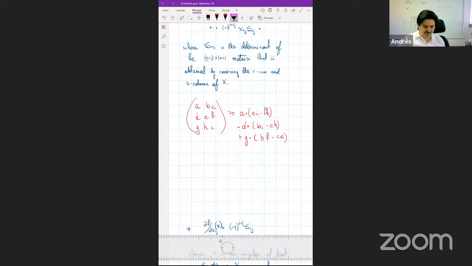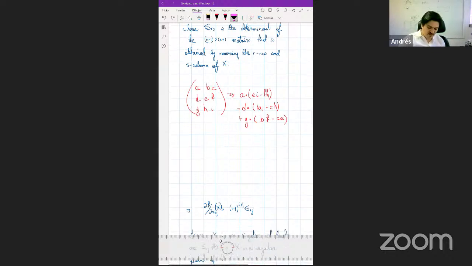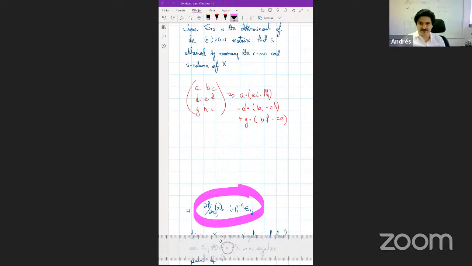Okay? So that's the first thing. In order to conclude this, the derivative is going to be this number here, the determinant of that minor. Right? So that's the first expression.